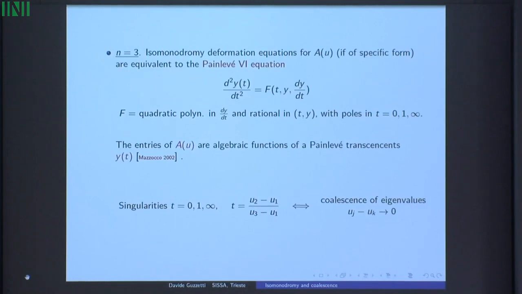Usually the representation for the Painlevé 6 equation is given by a Fuchsian system, which is maybe one of the reasons people say Painlevé 6 is the easiest one. But there is another representation given by a 3×3 irregular system. If we call t the independent variable of the equation, this is related to our eigenvalues in this way. Coalescence of eigenvalues corresponds to t going to 0, 1, and infinity, which, as you remember from this morning, are the fixed singularities of the Painlevé equation.